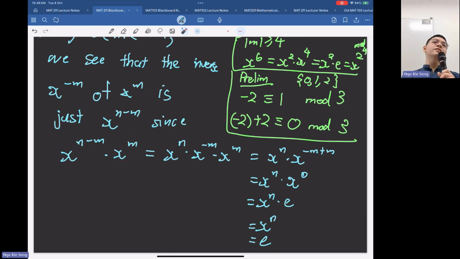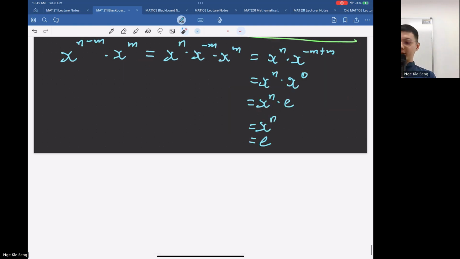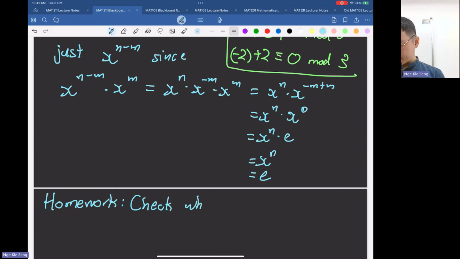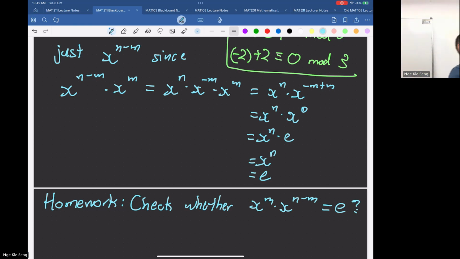Obviously, you need to check the other direction, but can you see that it's the same checking? I want to remind you, go check the other direction: check whether x to the m times x to the n minus m is identity. Okay, I think we proved it.